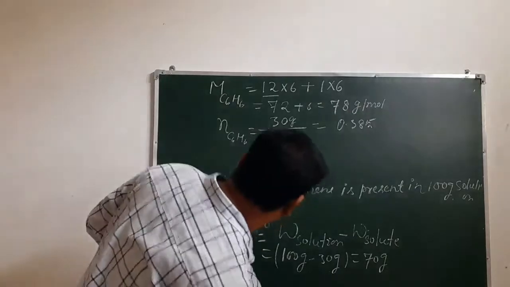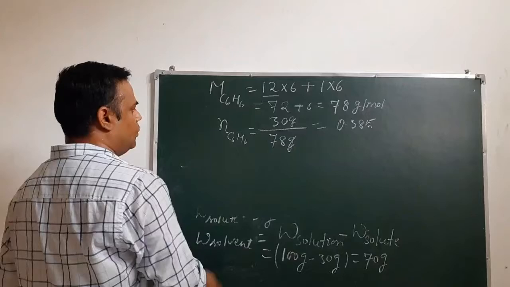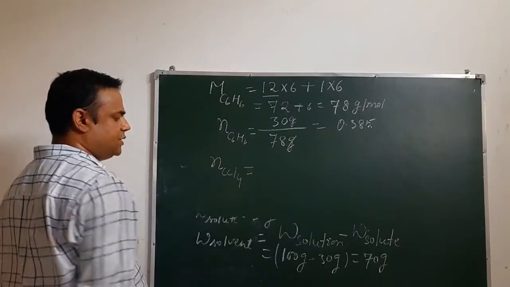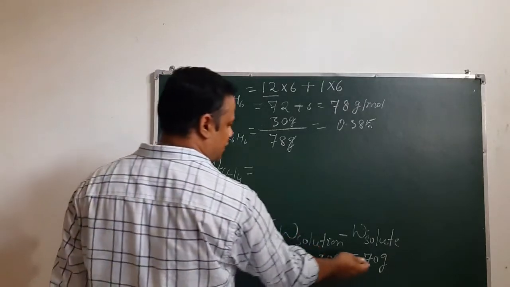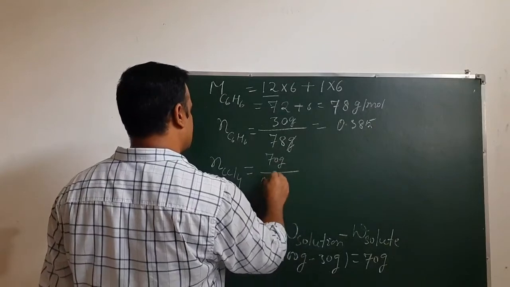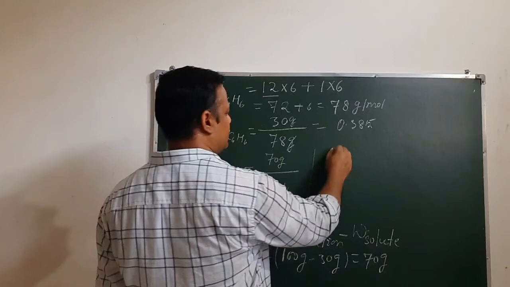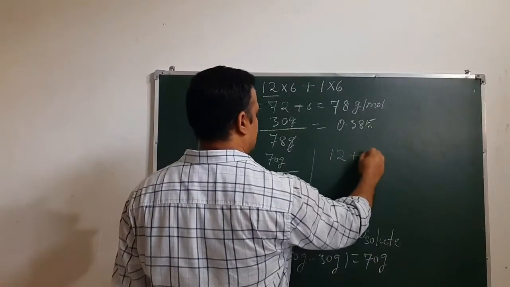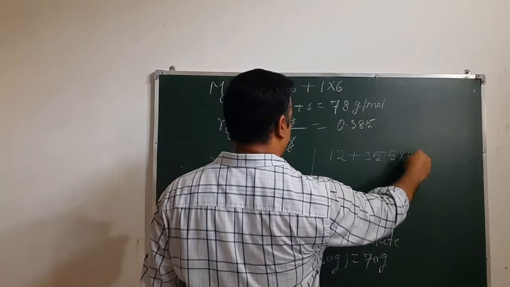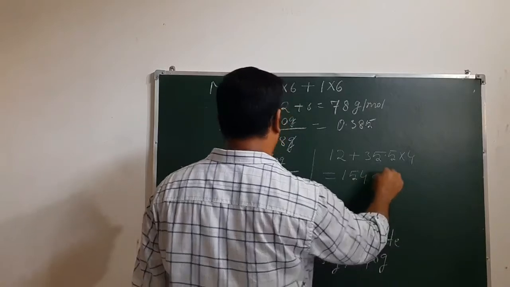Next is moles of carbon tetrachloride, moles of CCl4. Given mass of carbon tetrachloride is 70 gram divided by molar mass of CCl4. To calculate molar mass, we will take 12 plus molar mass of chlorine, 35.5, multiplied by 4, and we will get 154 gram.